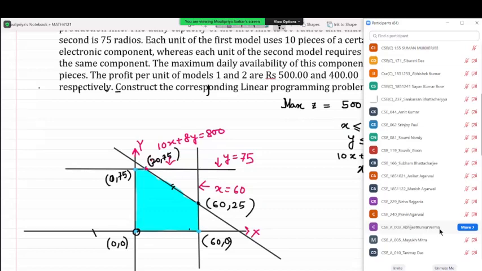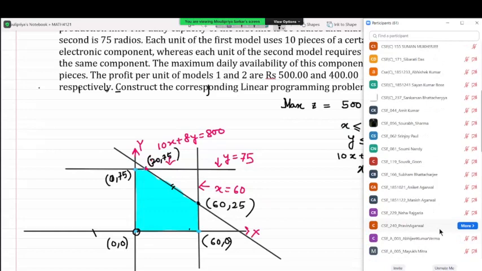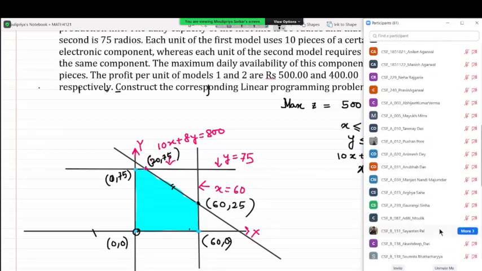Now see, one thing we are very much sure of: if a corner point is farthest from the origin and we are going to maximize the given problem, then definitely we are going to check at that point first.